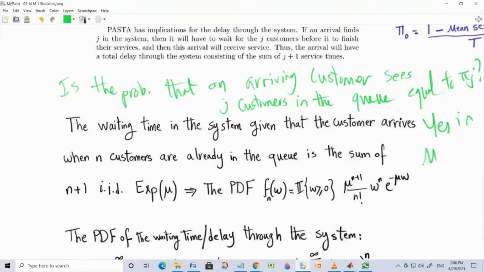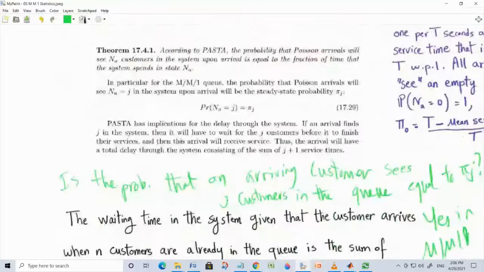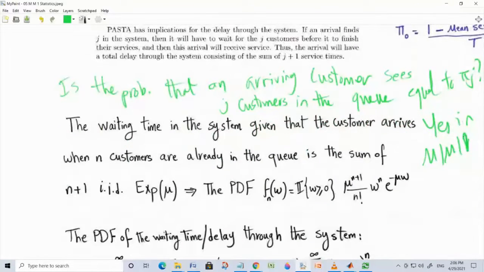Yes, in M/M/1. Yes, if you have this PASTA property, Poisson arrivals see time averages. Generally, no.